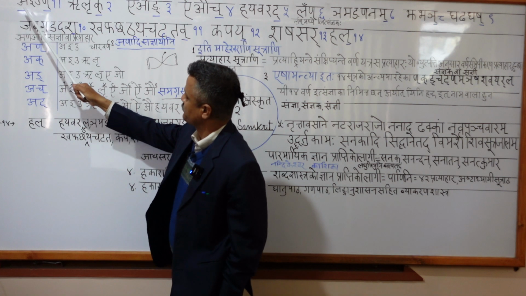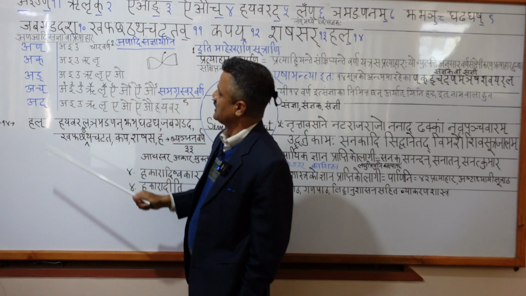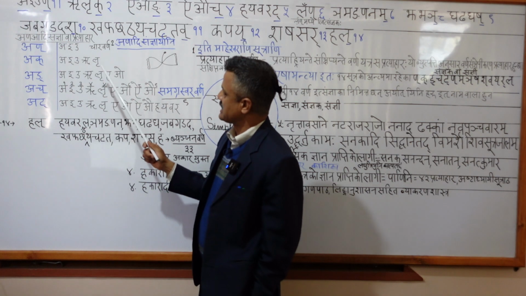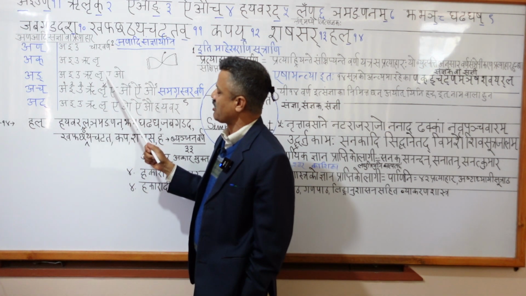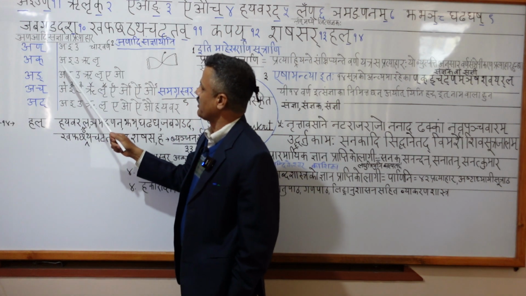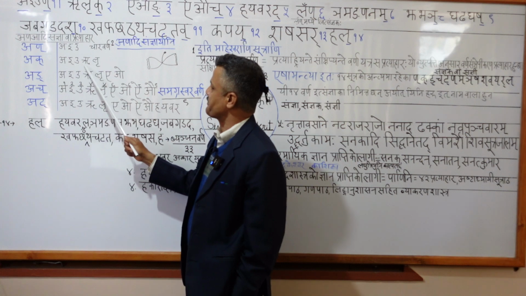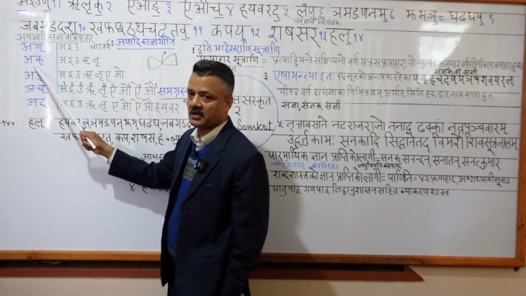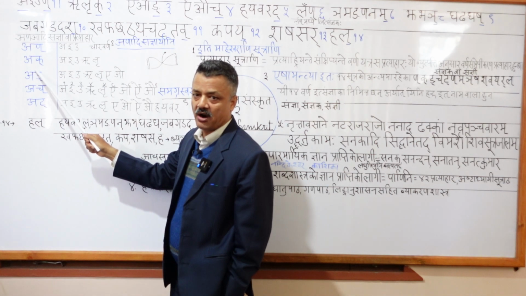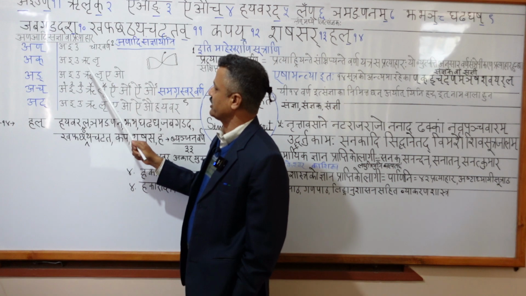So ak means from A in the first group to Ka in the second group, and though in the formula you write Ka, when you count the letters that it contains, you don't count Ka. So you have A, E, U, Re, Re. In total 5 sounds you have in the ak formula. So ak pratyay or the noun ak contains these 5 sounds A, E, U, Re, Re.